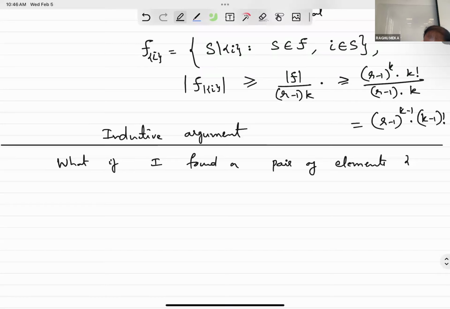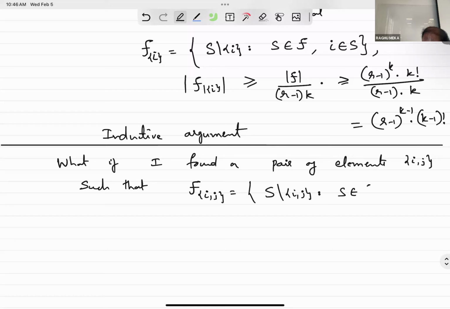We call them i comma j, such that, so here, essentially what we did was we took out one element, okay?